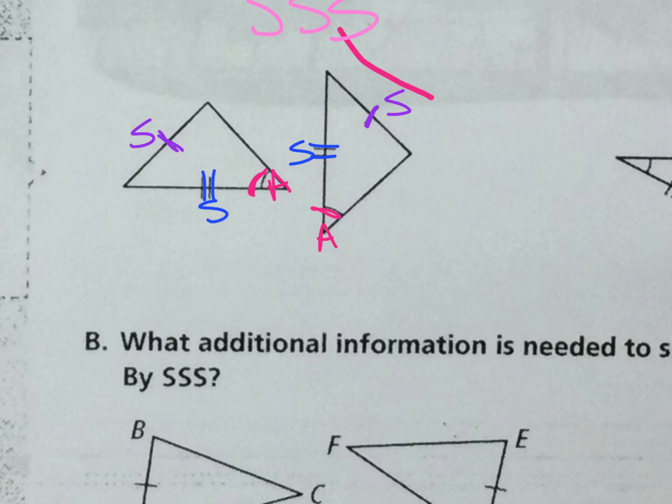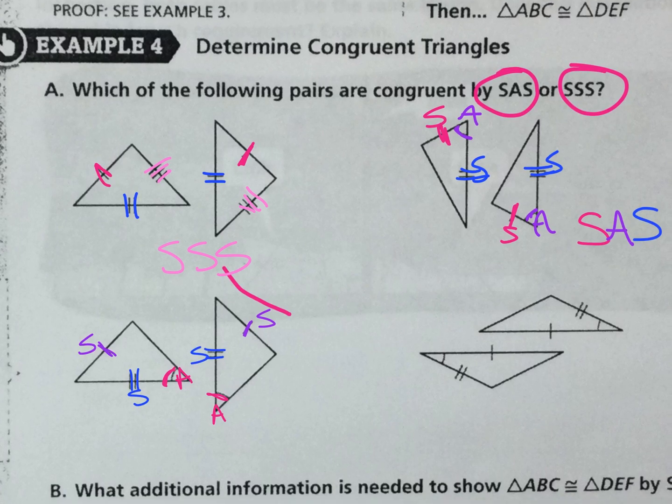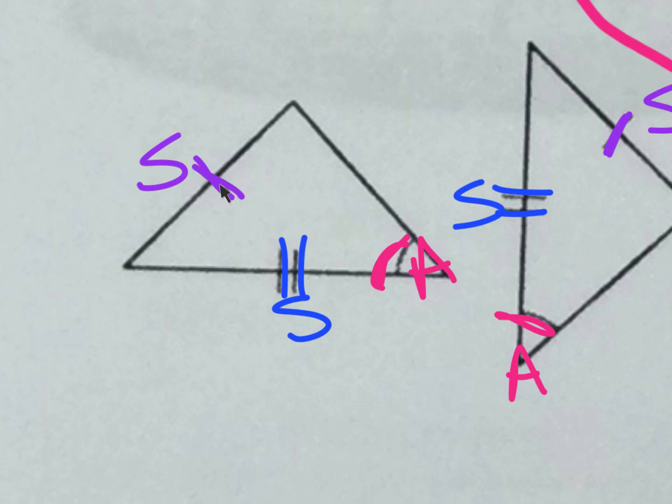But notice on this, the angle up here is in between the two sides, right? And it is not here. So when you're looking at these, if I start right here, and if I want to go this way, I'm skipping, I don't have this piece of information, this angle right here. I'm skipping it. I don't have this side. I'm skipping it. You can't skip two pieces of information. Okay?